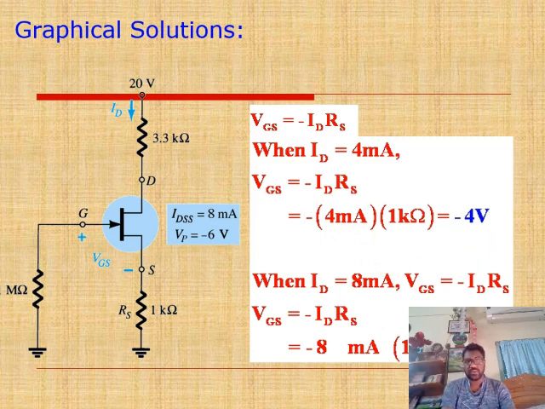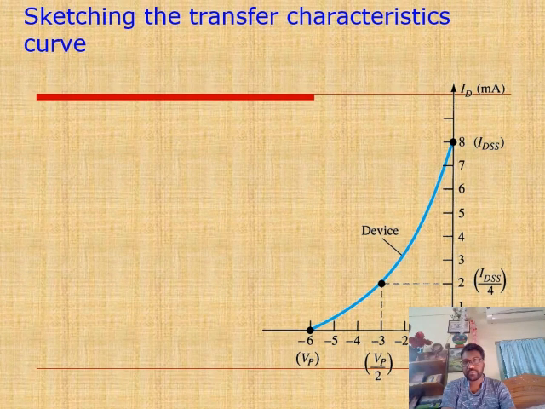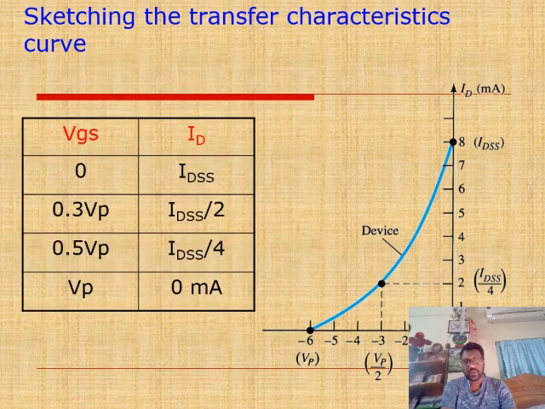Here this device has VP of minus 6 volt. At minus 6 volt the current is 0. At 0 VGS, when there is no gate to source voltage, the current is maximum, or the saturation current is 8 milliampere.